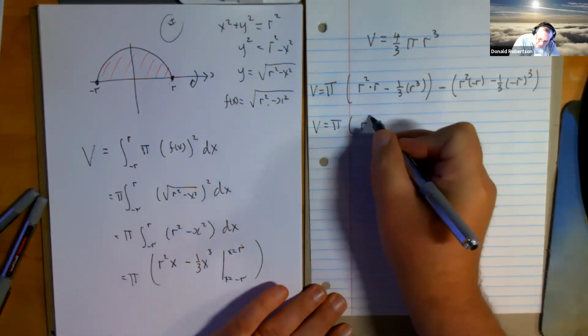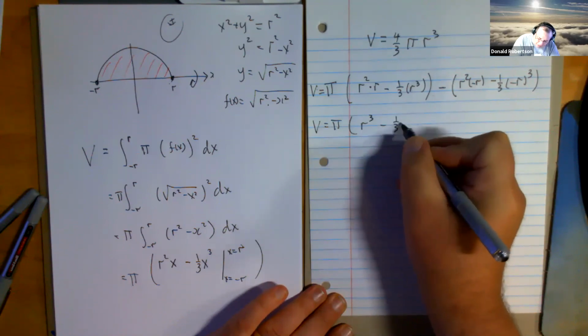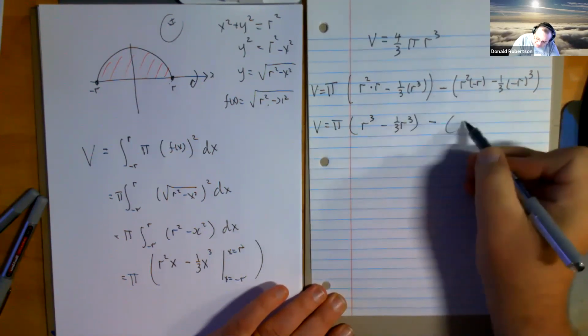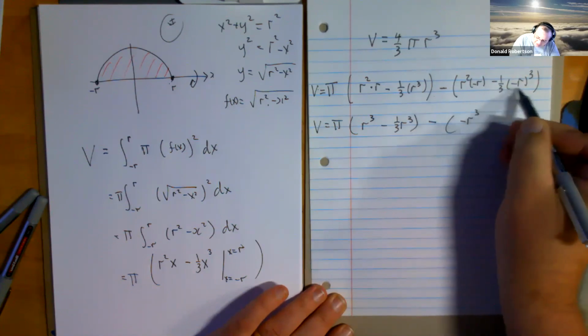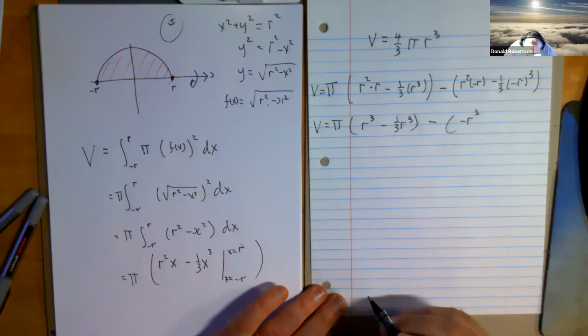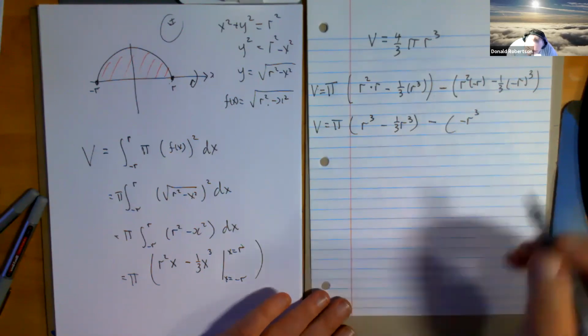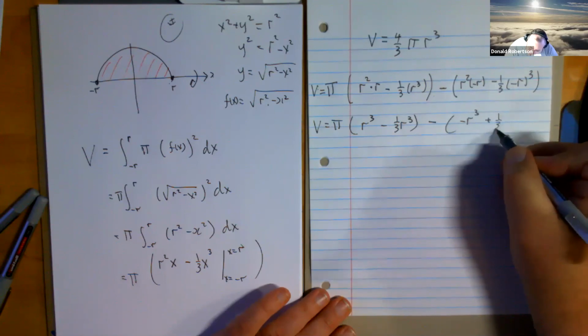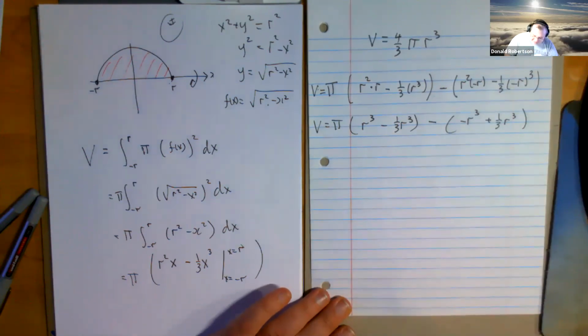This guy is r cubed, take away 1/3 r cubed, minus. This fella is -r cubed, and this fella is plus, I've tried to keep track of all the cubes here, that guy.